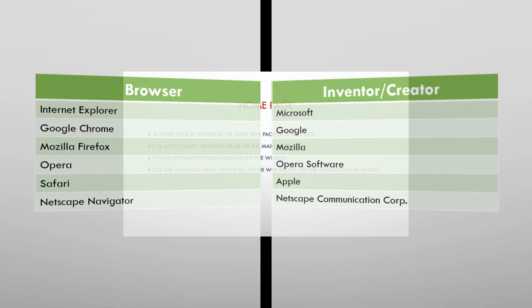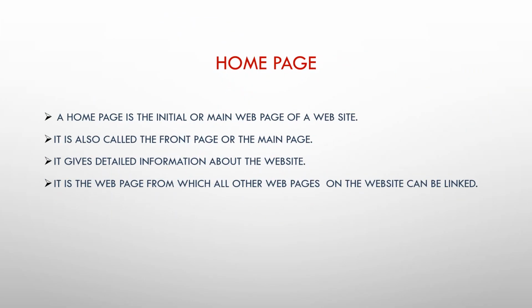The next one is the home page. Now what is a home page? The home page is the initial or main web page of a website. It is also called the front page or the main page. It gives detailed information about the website. Just now I have shown you the home page of the school website.